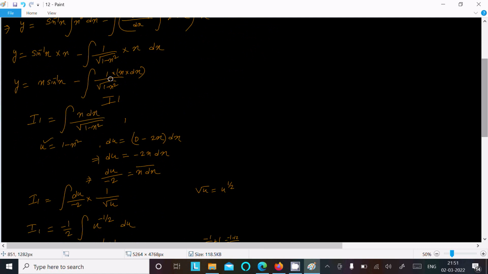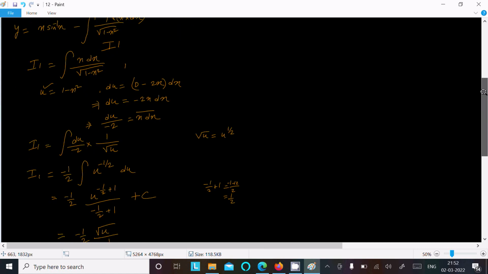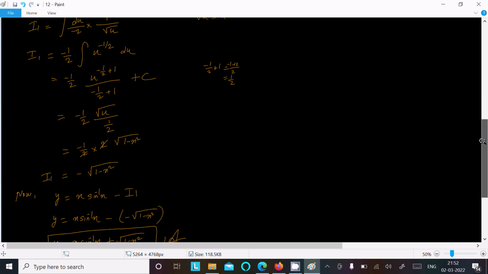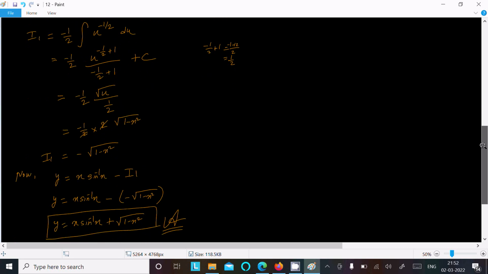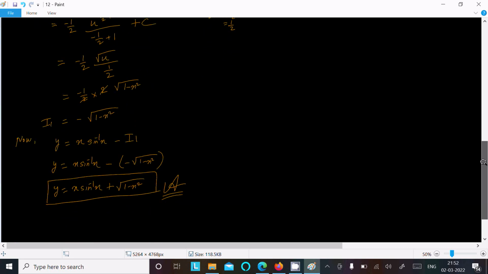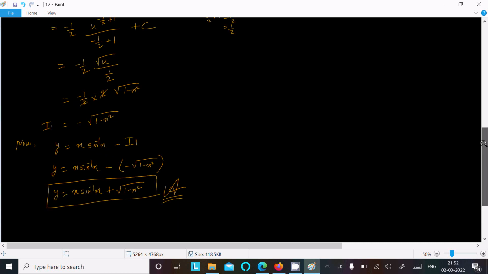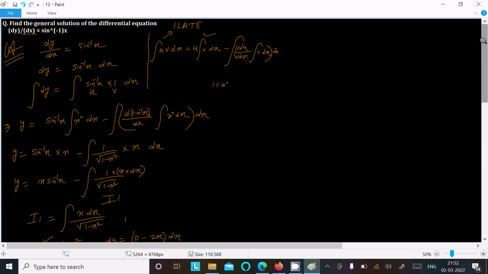To solve this part, assume this is I1, then assume something for the denominator part, and after doing the calculation the I1 value comes out as minus root 1 minus x square. After including these two, you can get x sine inverse x plus root 1 minus x square. So this is the way we can find the general solution of this equation.